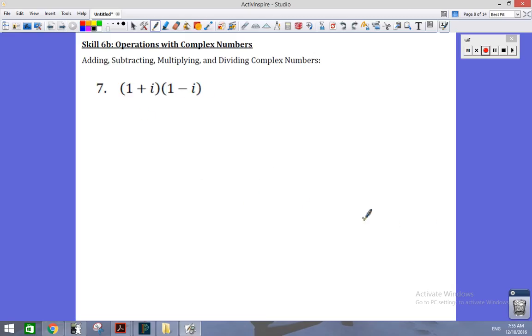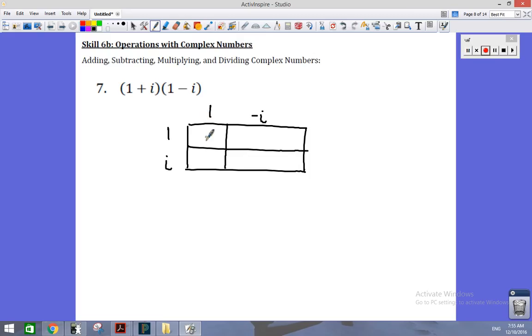So again, we have a binomial times a binomial. So let's be organized and do this in the form of a table. So we've got 1 times 1, 1 times i.